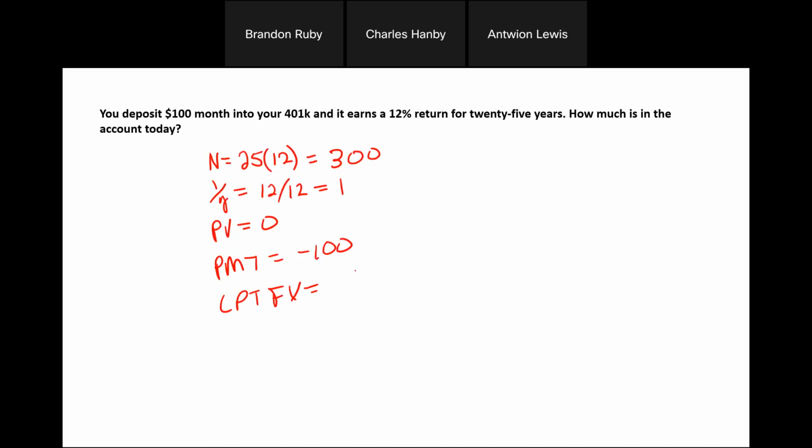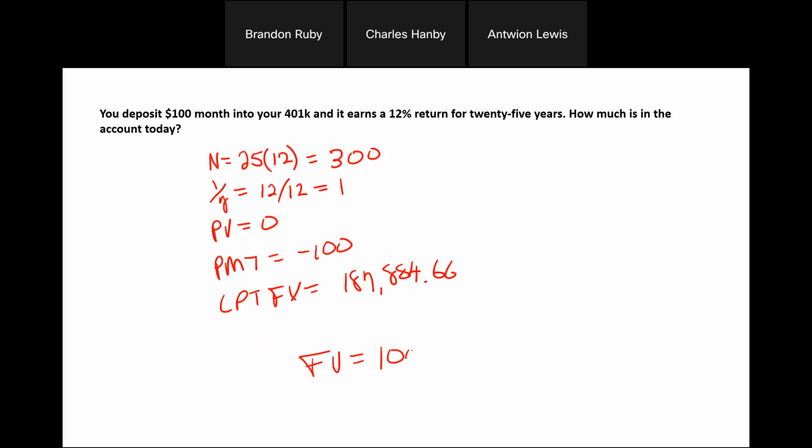And that's $187,884.66. So if we were going to do that, this is where the formulas start to get ugly.